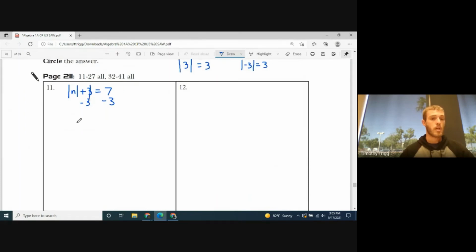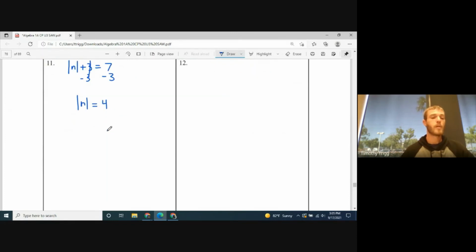Here we'll have the absolute value of n equals 4. So the absolute value of what would give you 4? The way you would do this is basically this gets a plus or minus. So n could equal 4 or n could equal negative 4. Okay, so that's your answer.